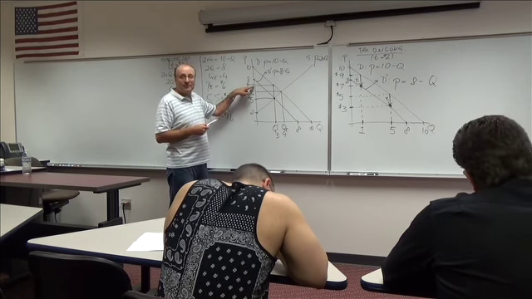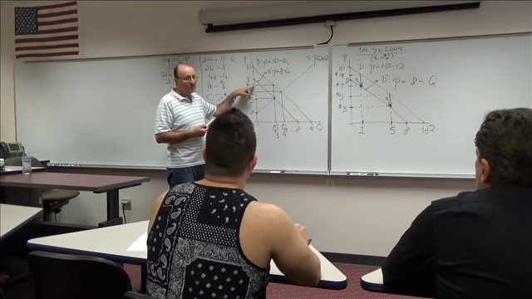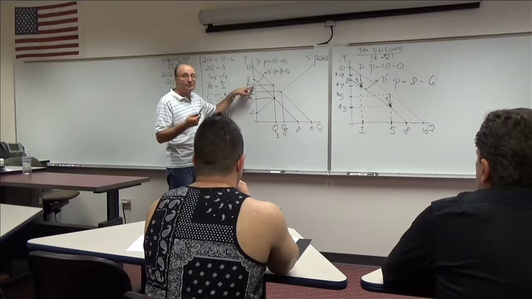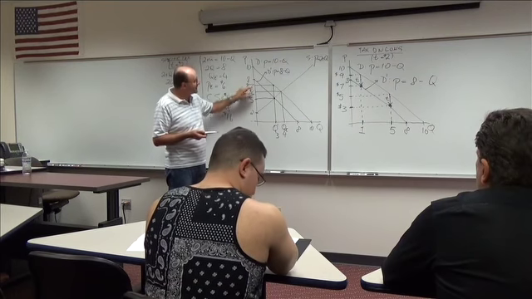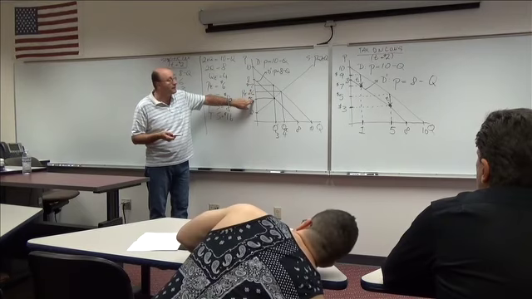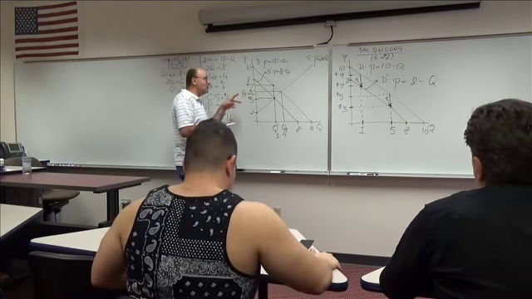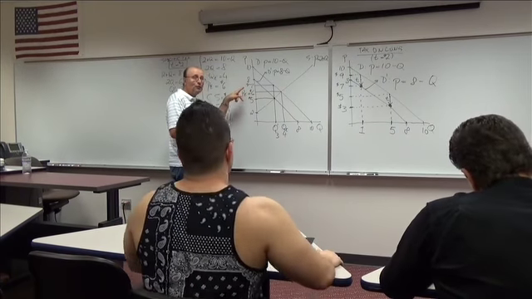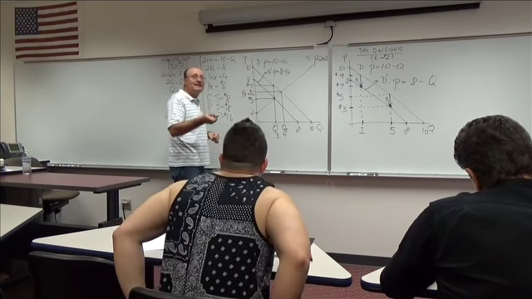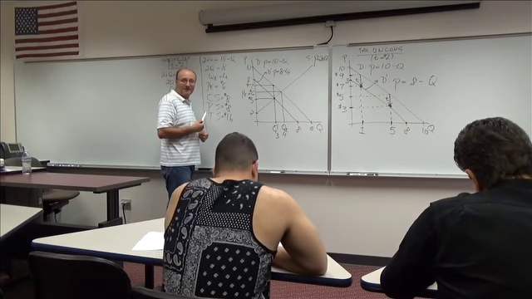Is $7 what Philip Morris gets for a pack of cigarettes? No. Because of those $7 smokers are paying, the government takes $2 in tax, and what's left to the firm? $5. This is why we distinguish between two prices. The one consumers pay and the other one that producers actually receive.